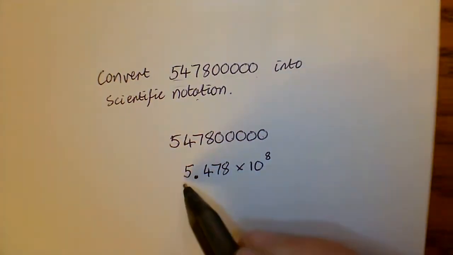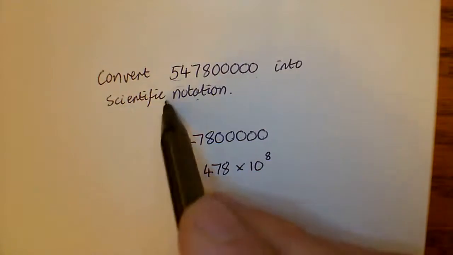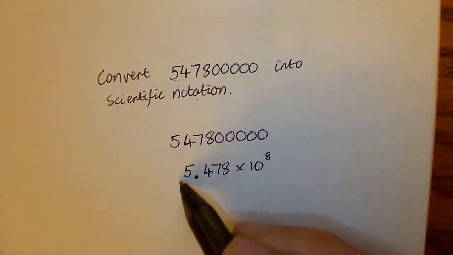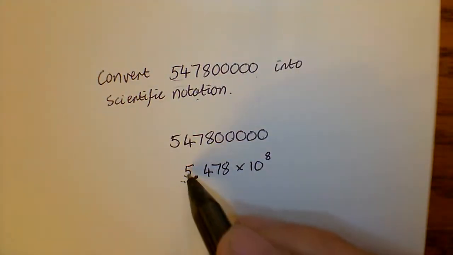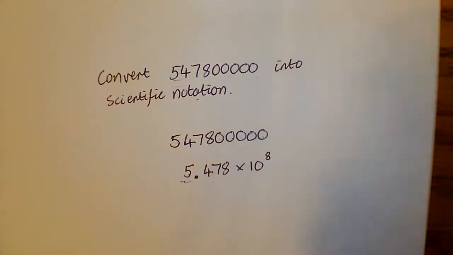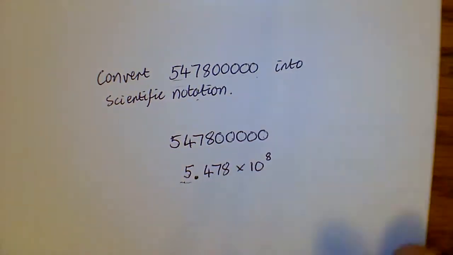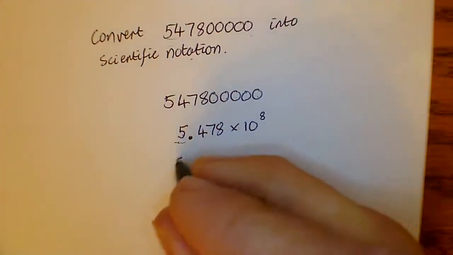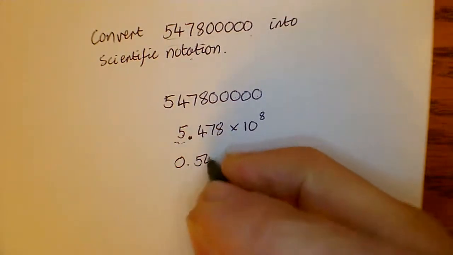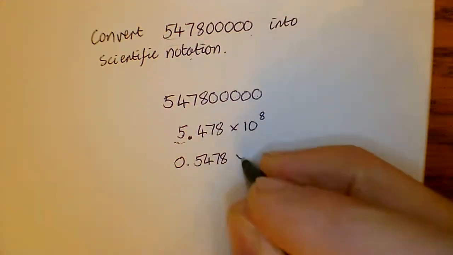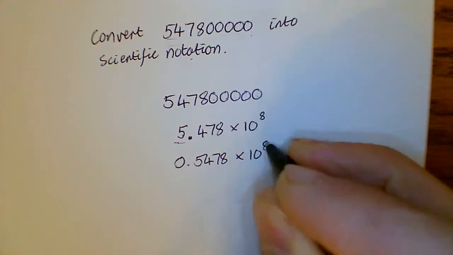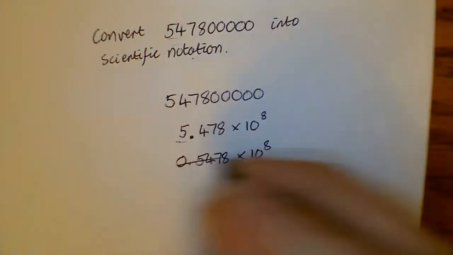Second key thing, scientific notation only is scientific notation if you have only got one digit in front of that decimal point. So, just as an example, that is not scientific notation.